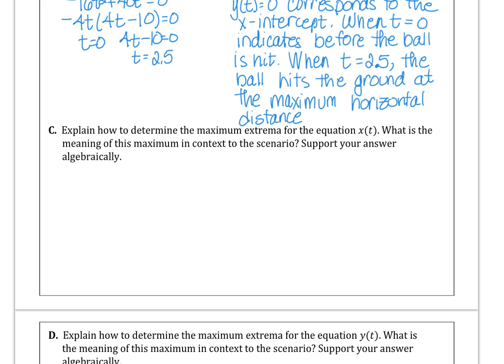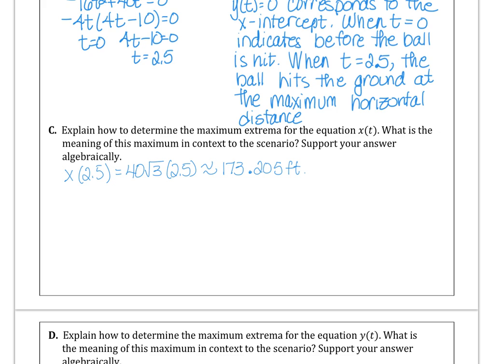And if we looked at x of 2.5, that's 40 times the square root of 3 times 2.5. Using our calculator, that's roughly 173.205 feet.